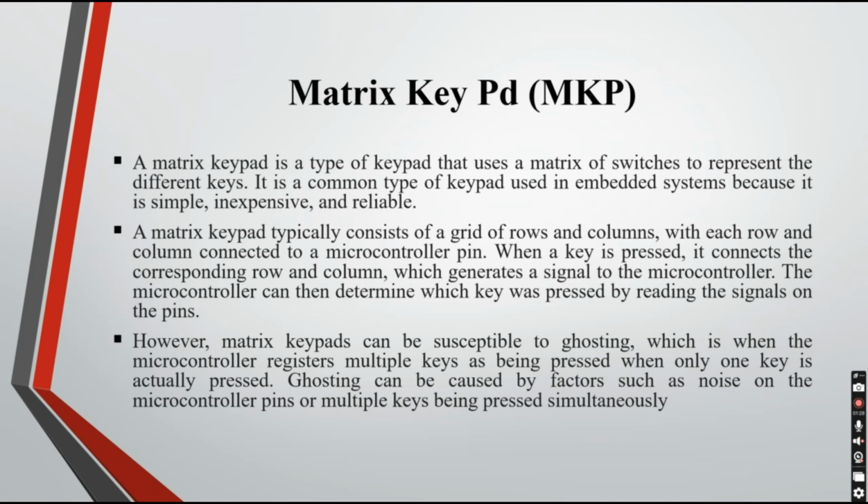A matrix keypad typically consists of a grid of rows and columns with each row and column connected to a microcontroller pin. When a key is pressed, it connects the corresponding row and column, which generates a signal to the microcontroller. The microcontroller can then determine which key was pressed by reading the signals on the pins.